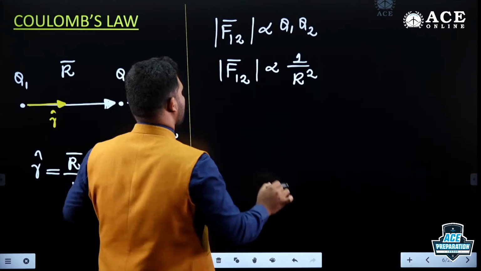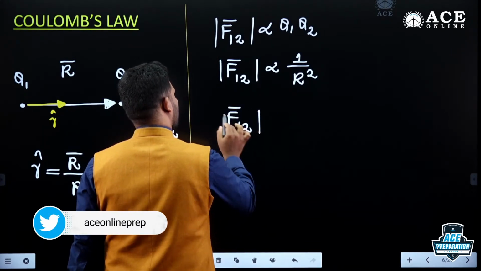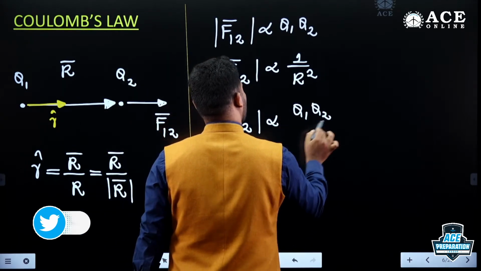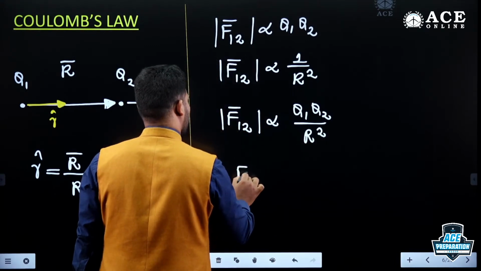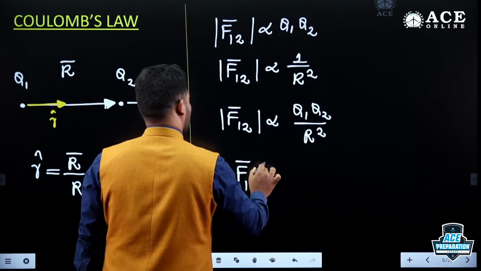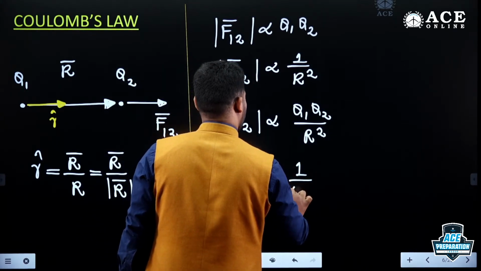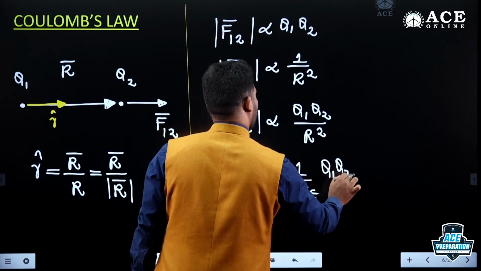If you club these two things, what happens? The magnitude of F12 is proportional to Q1, Q2 divided by r square. And there is a proportionality constant here, which is given by 1 by 4 pi epsilon, into Q1, Q2 by r square.